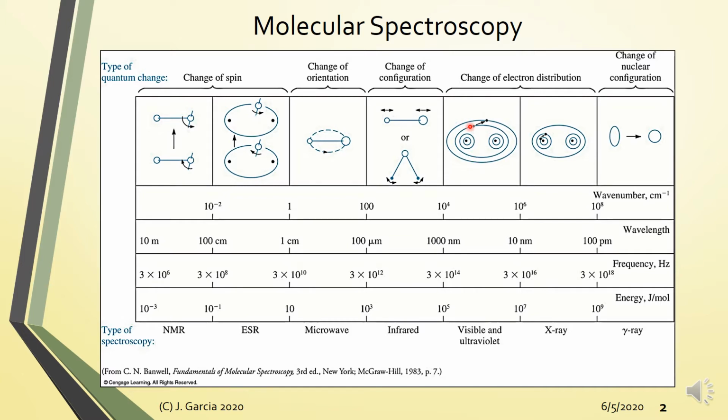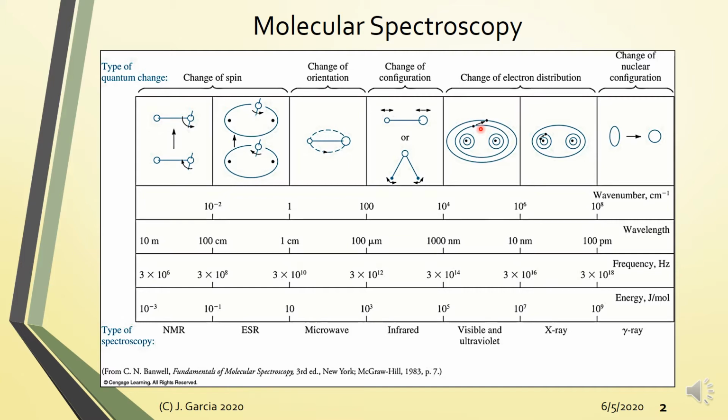If you remember from your general chemistry, valence electrons are the outermost electrons in a given molecular orbital. So valence electrons yung nag-undergo ng electronic transition.